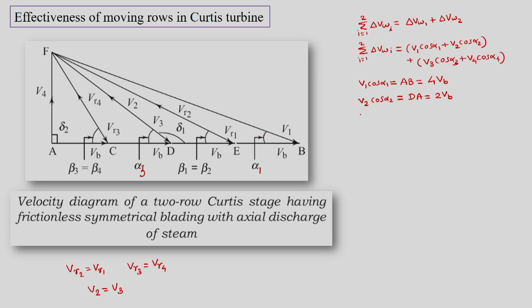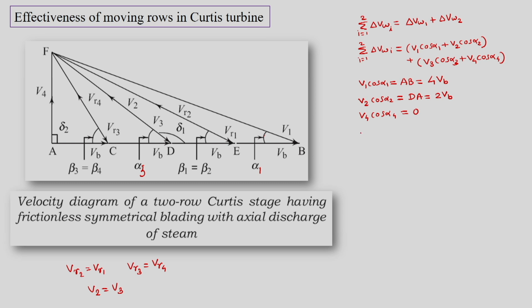Similarly, we know that V4 cos alpha 4 is equal to 0 since we are considering axial discharge. So the angle between the absolute velocity at the outlet and the tangential speed is 90 degrees.